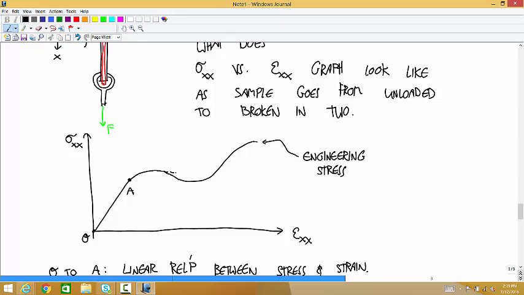And in a dotted line, I'm going to show what you get if you measure the true stress at every one of those locations.